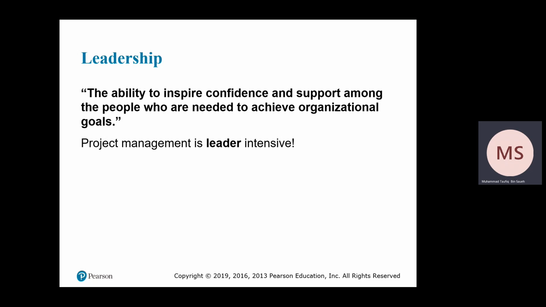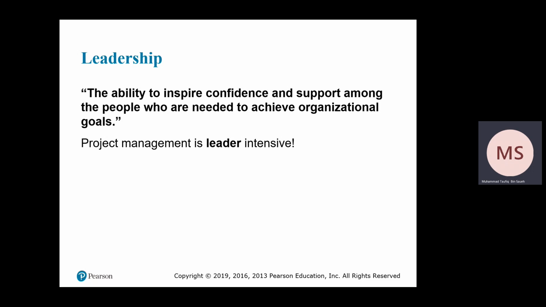When we talk about leadership, we have to understand what leadership is. Leadership is the ability to inspire confidence and support among people who are needed to achieve organizational goals. As a leader, you must be able to encourage people, be a role model, and encourage people to be like you.